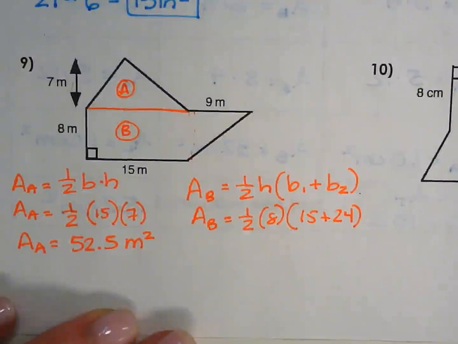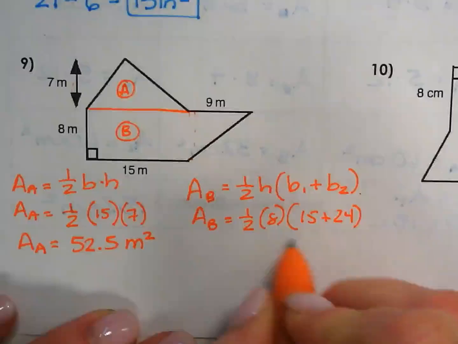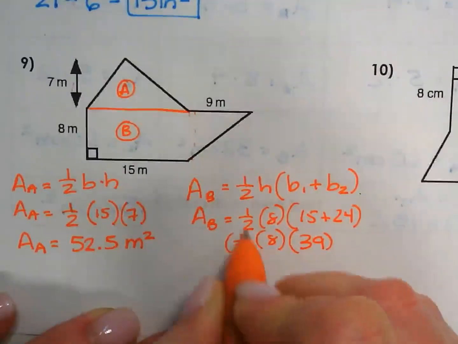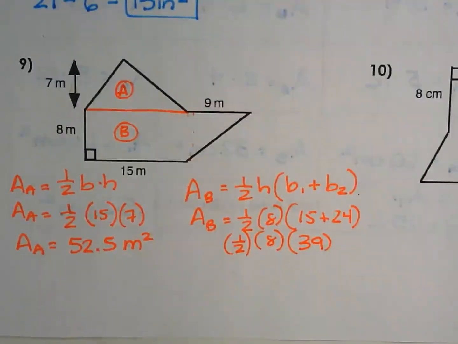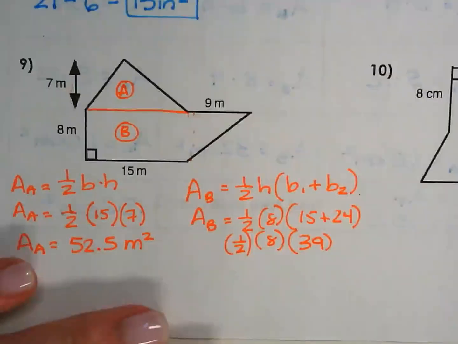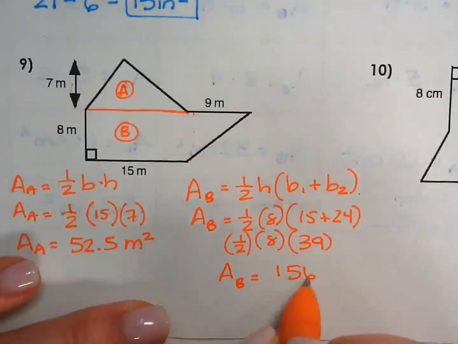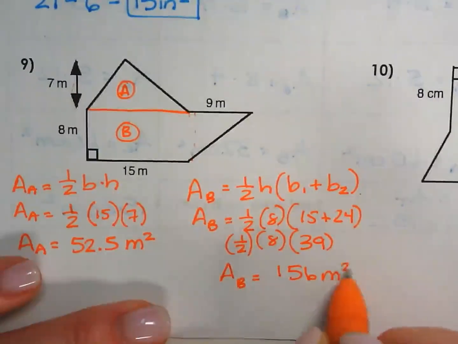So that means that the sum of those bases is 39 times 8 and then 1/2. And again, you can multiply these in any order, so I'm going to do that. 1/2 of 8 is 4, and 4 times 39 is 156. So the area of B equals 156 meters squared.